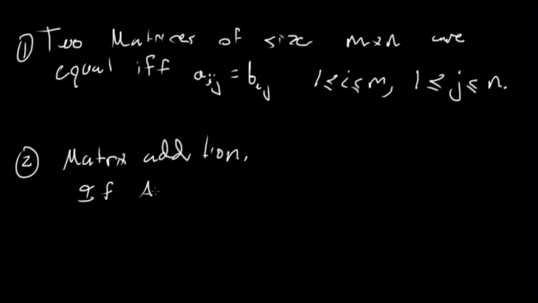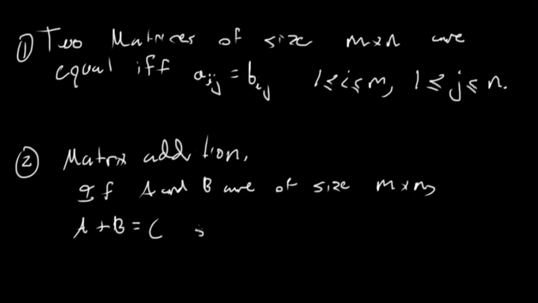If A and B are of size m by n, so once again they need to be the same size, A plus B is going to be C such that Cij is equal to Aij plus Bij.